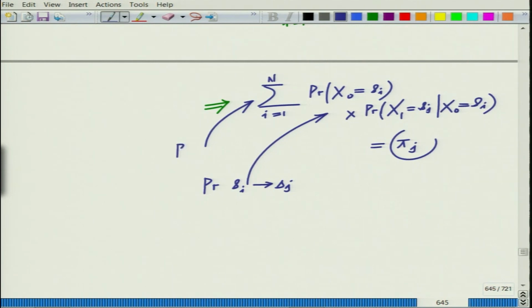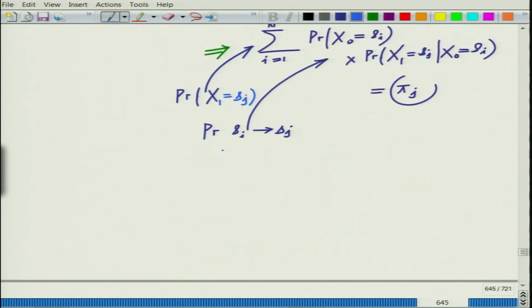This is nothing but, from the total probability rule, the probability that x 1 equal to s j. Because the probability x 1 equal to s j, you can write as follows.